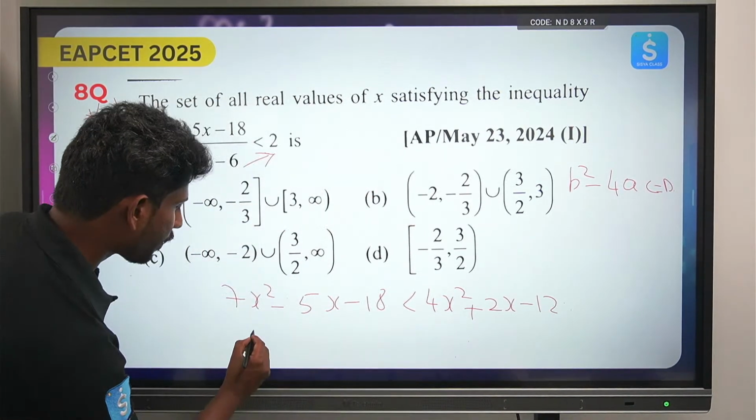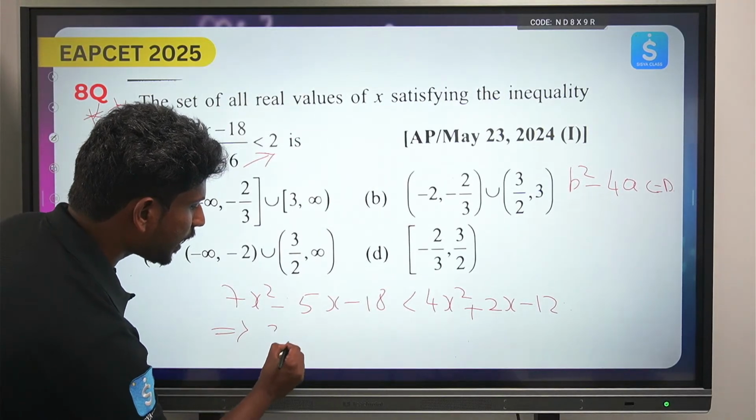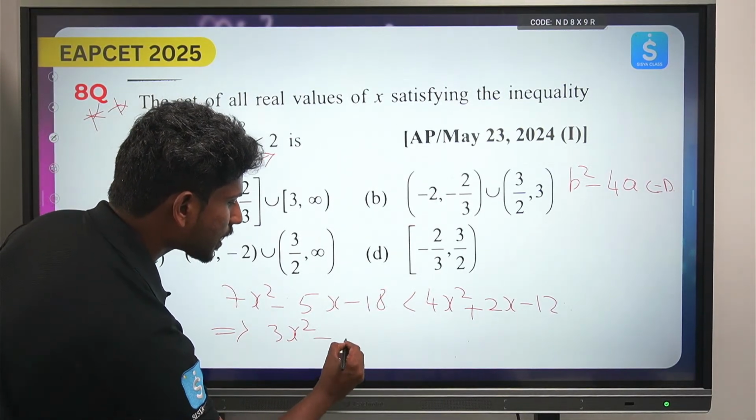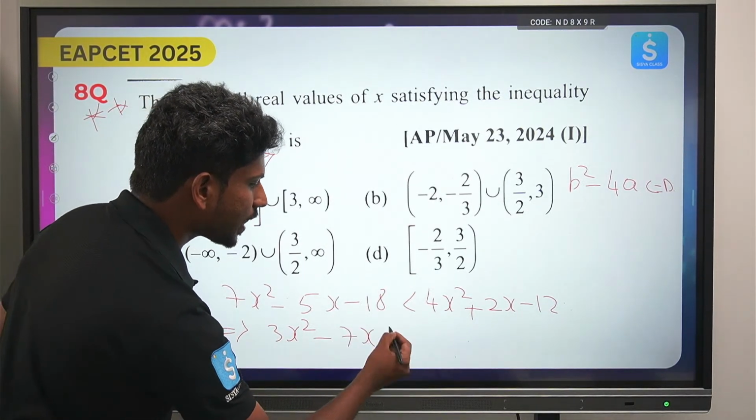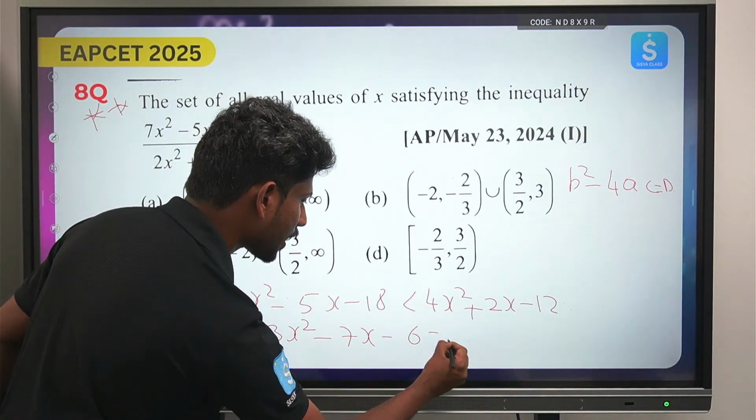Now if I rearrange the terms, 3x square minus 7x, and minus 18 plus 12 will become minus 6, equals to 0, right?